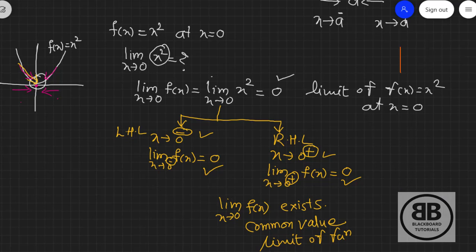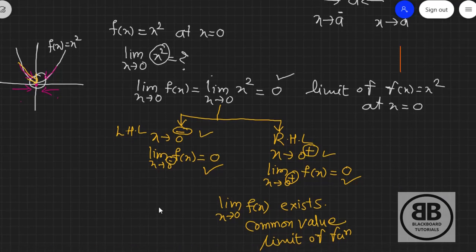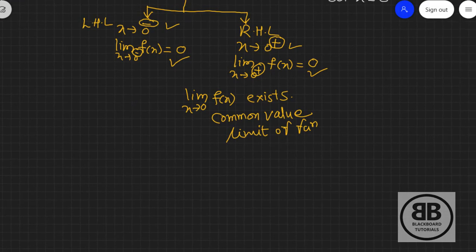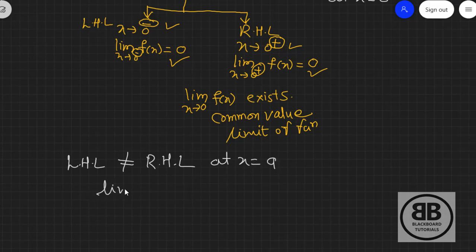Suppose there is a case where the left hand limit exists and the right hand limit also exists, but both are different. That means the left hand limit and right hand limit both exist, but they are not equal. Suppose at x is equal to a, then we say that limit x tends to a f of x does not exist.